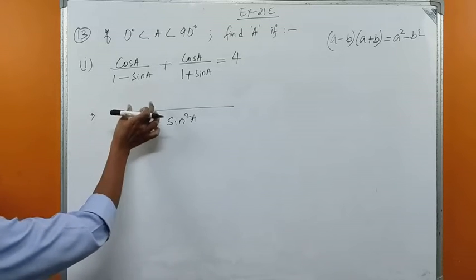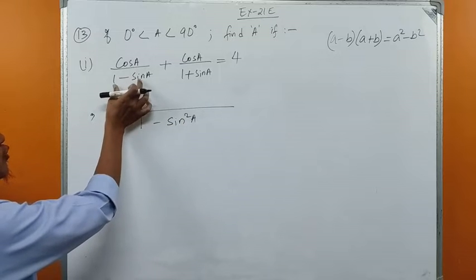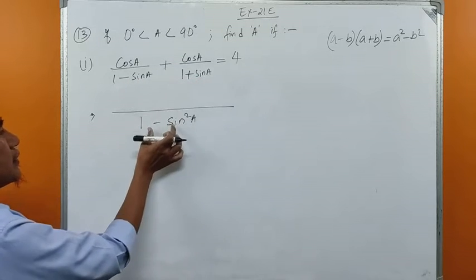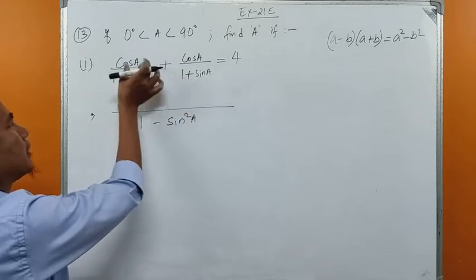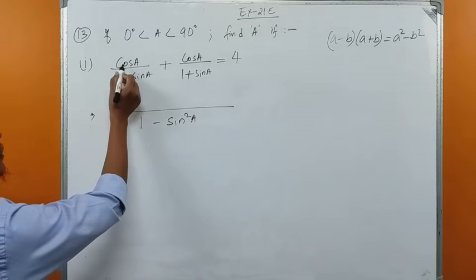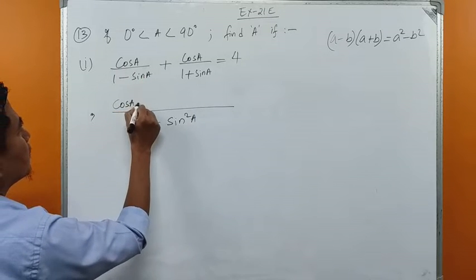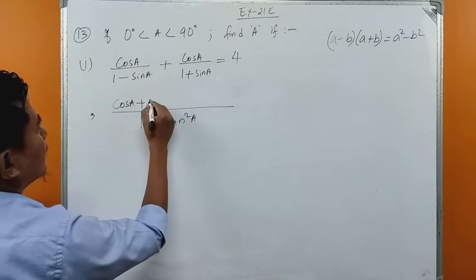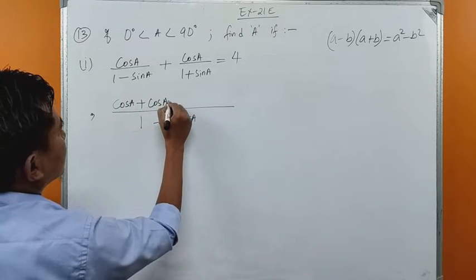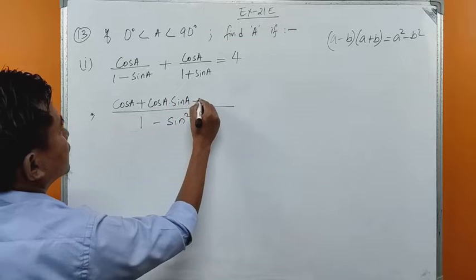Now when we multiply 1 minus sin A with 1 plus sin A, we get this, isn't it? This means 1 plus sin A into cos A. So we multiply cos A into 1 plus sin A, okay? So cos A into 1, cos A, plus cos A into sin A, cos A sin A. Now this plus sign comes here.